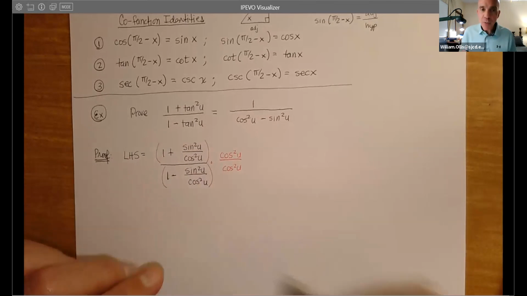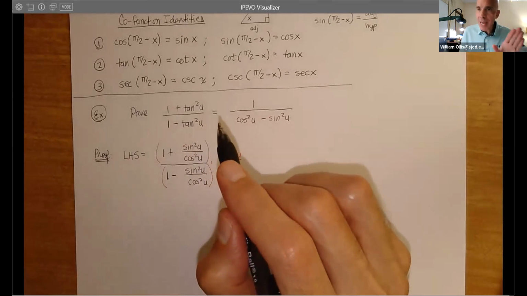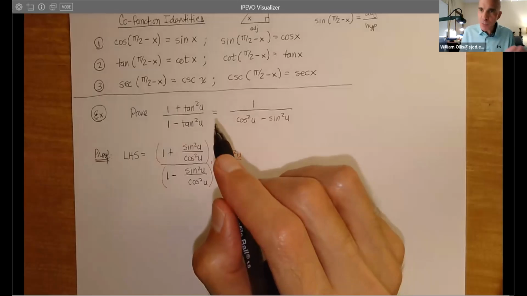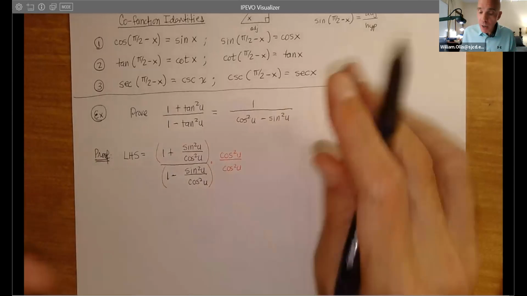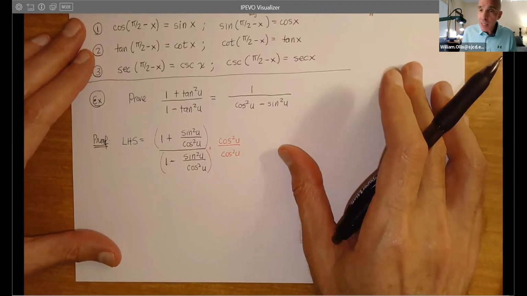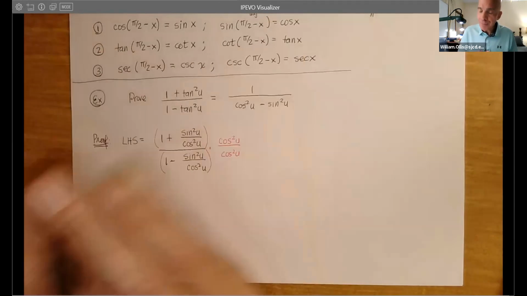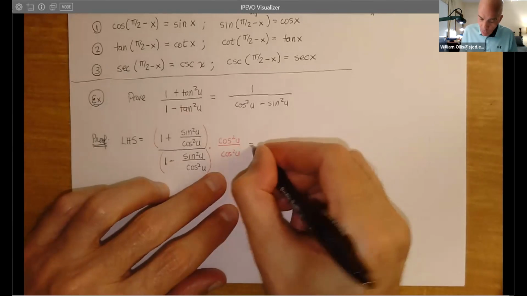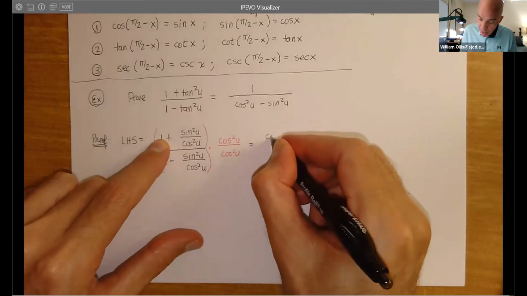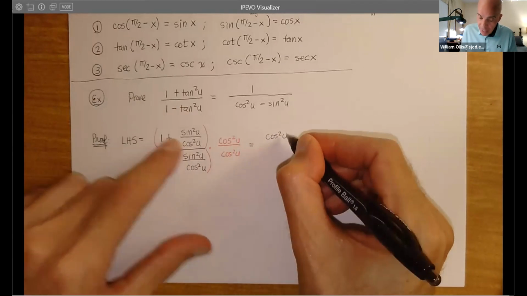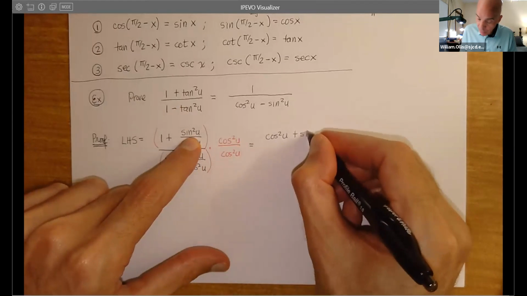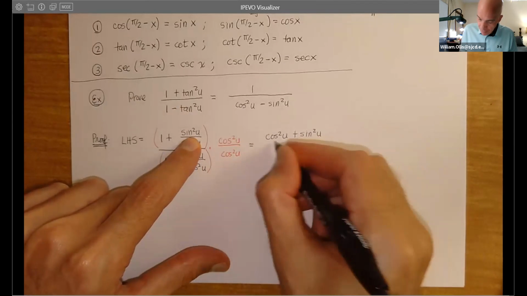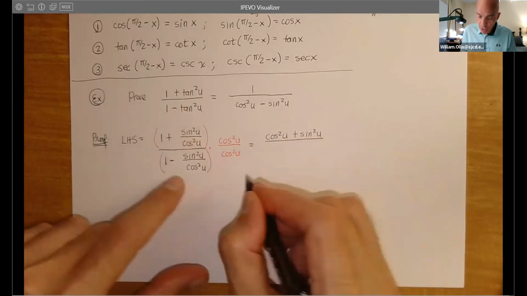Whatever algebra techniques you want to use, like add and subtract A, add and subtract B, add and subtract C, whatever strategies you need, as long as they're legal, are fine. So now, when we multiply, we get cosine squared, and here the cosine squareds absorb, leaving us with sine squared. And then downstairs, the same thing.